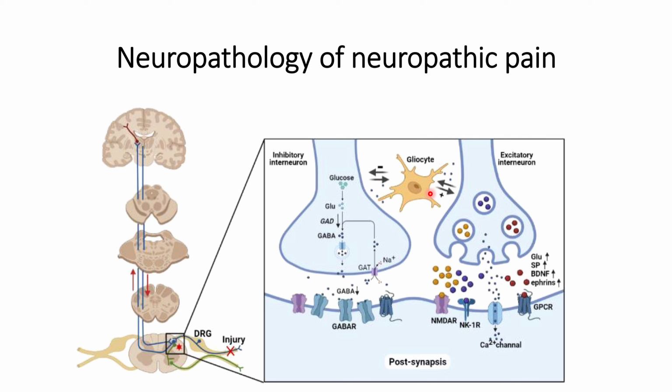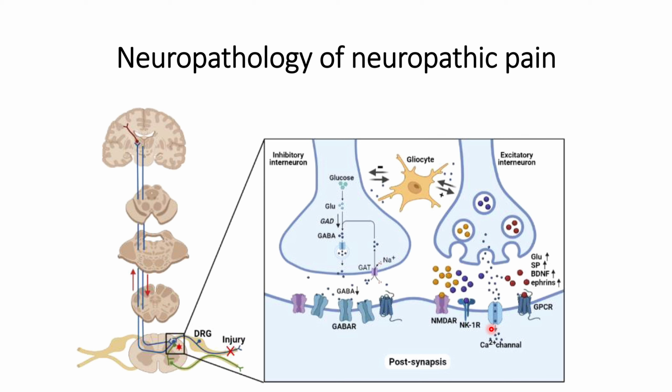This is what is observed in healthy persons: GABA is produced, which acts as an inhibitory interneuron and inhibits the post-synaptic signals, and at the same time the excitatory interneuron acts against the inhibitory interneuron, and thereby it helps in post-synaptic signal transfer. The receptors that take part in the excitatory interneurons are NMDAR, NK1R, and also this.